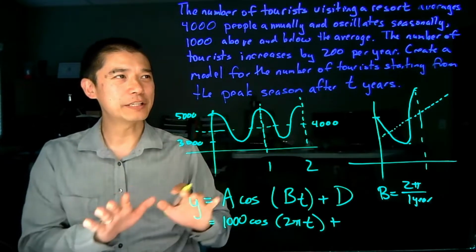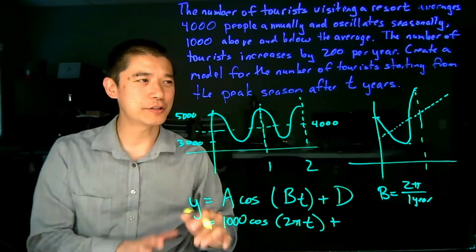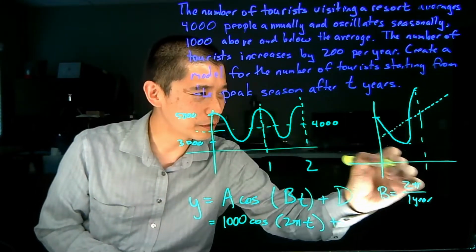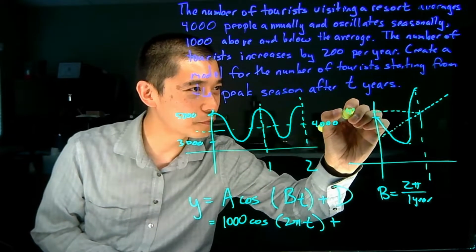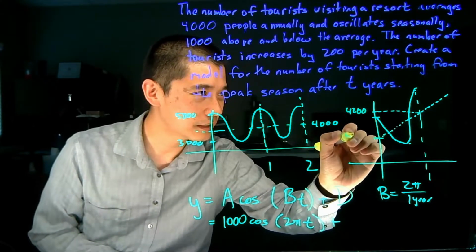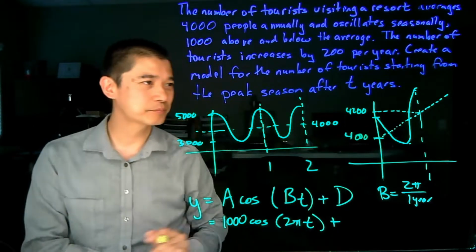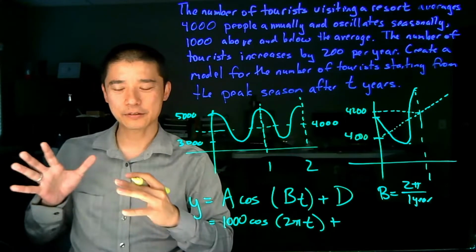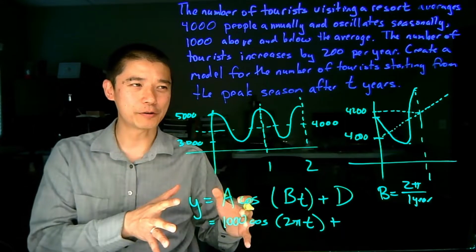And so now the tricky part is the d. 4,000 people annually at the beginning and increases by 200 per year. So increasing by 200 per year. So year 1, this midline right here is going to be 4,200, whereas it started off here at 4,000, right? So how do we get an equation of a line that increases by 200 per year?